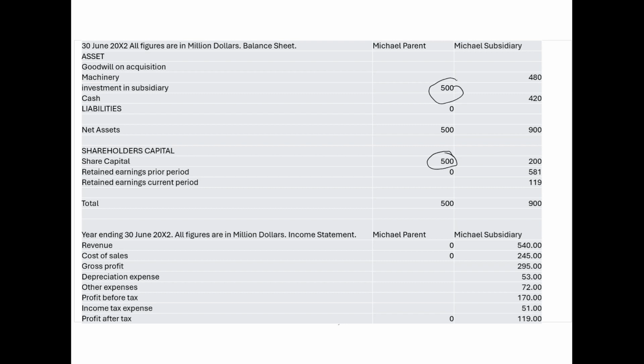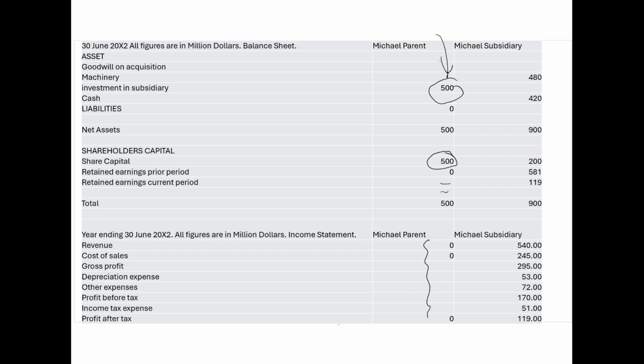There has been no operational activities, and there are no retained earnings. That shows that Michael is a passive investor and has invested in the subsidiary.